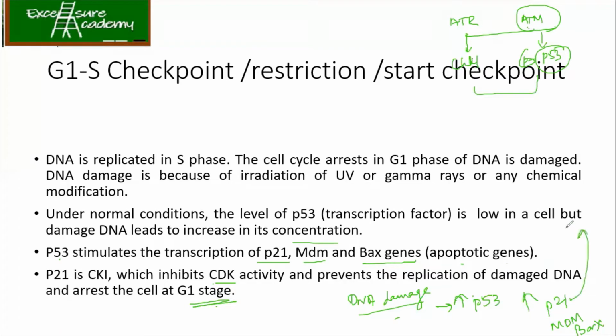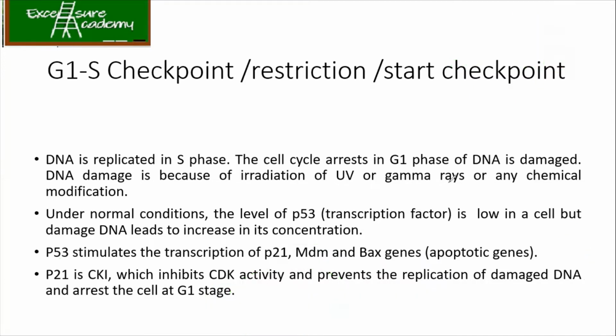So it is going to inhibit the CDK activity, and because of this the cell is arrested at the G1 stage. What CDK activity do we have in the G1 stage? CDK4, 6, correct? In the G1 stage, CDK4, 6 with your cyclin D. So this activity is now prevented and the cell gets arrested in the G1 phase.